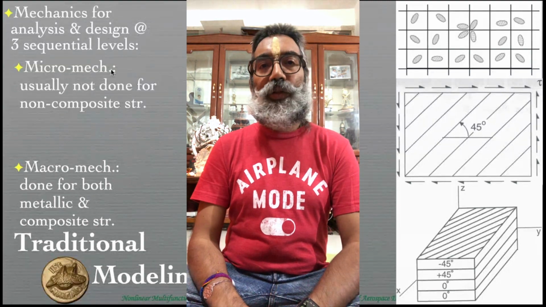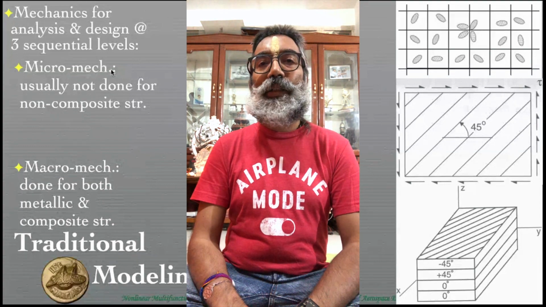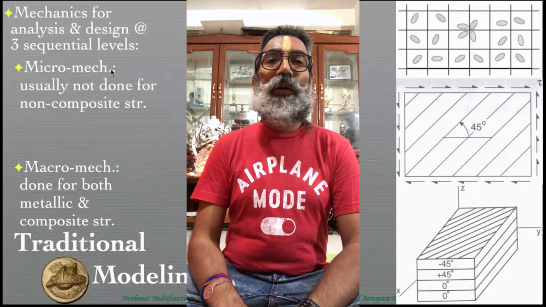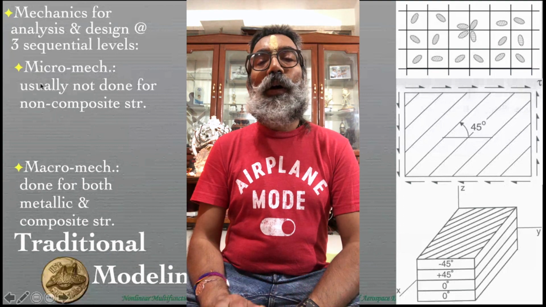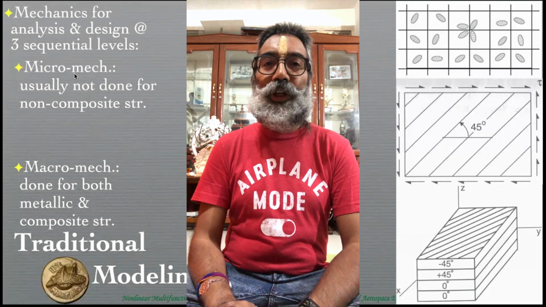We do not. As structural engineers or aerospace engineers, most of that is given to us on a platter. And so for metallic structures, this is not at all visited by structural engineers.